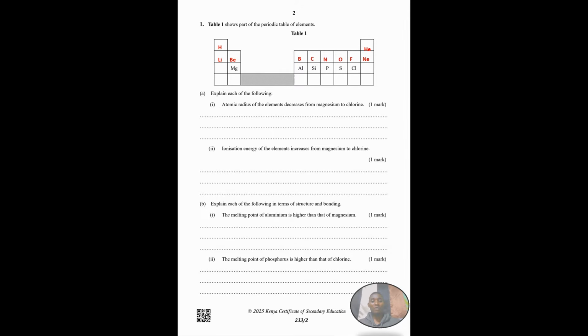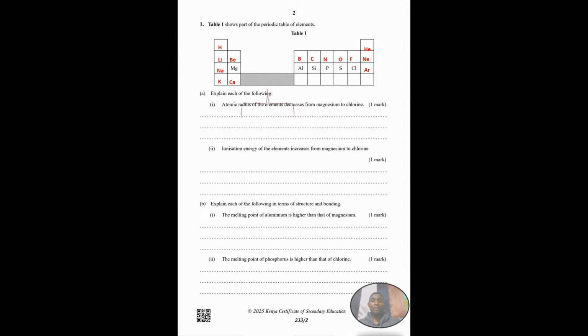Then we have neon. Then we have sodium, and then magnesium, then aluminium, silicon, phosphorus, sulfur, chlorine, and then argon. Then what follows is potassium, and lastly we have calcium as the 20th element in the periodic table.